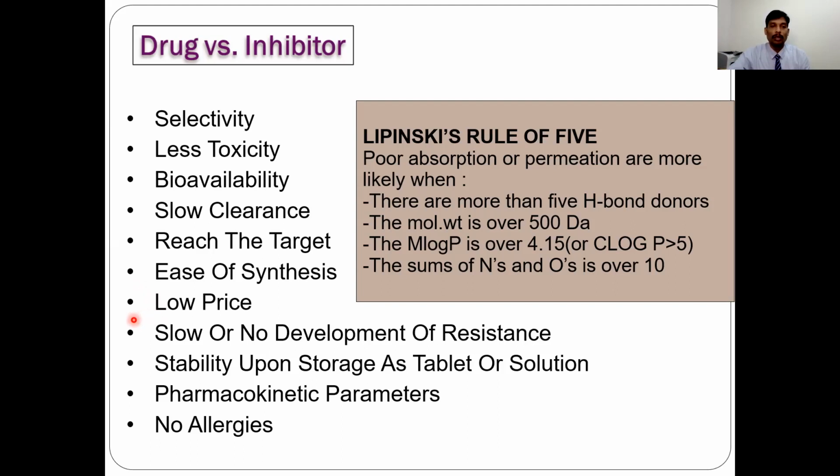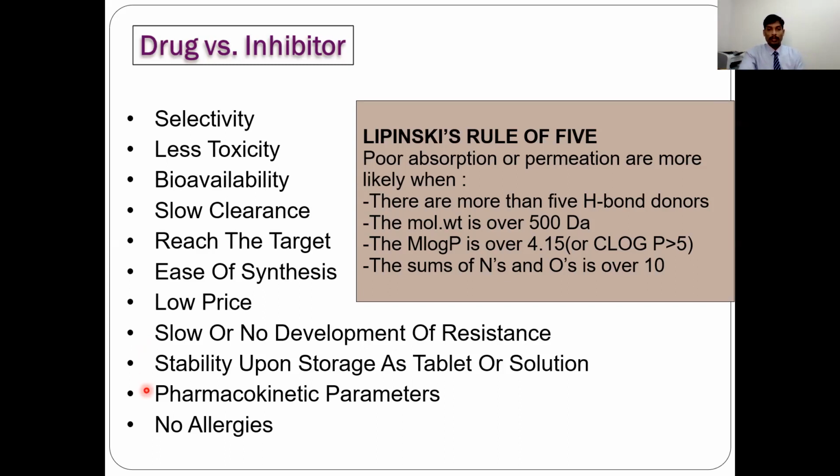Sometimes the lowest possible price is not possible, but ways need to be found. And slow or no development of resistance, especially when targeting certain kinds of enzymes, like antibiotics. If a small change can lead to resistance, then it is not going to be useful.